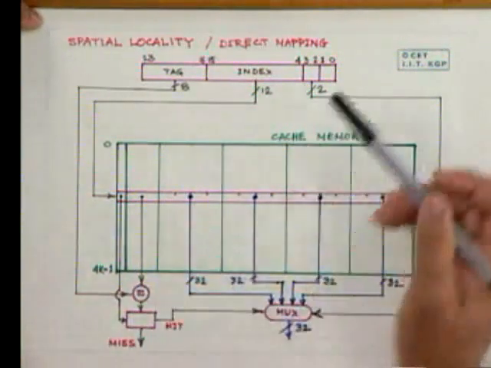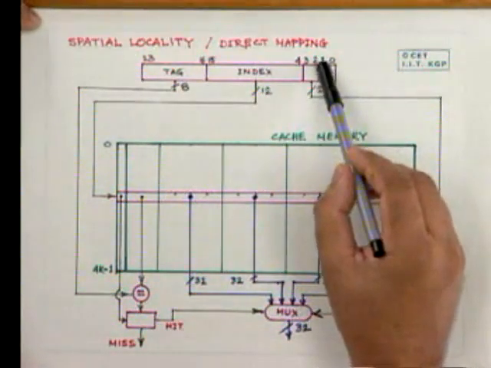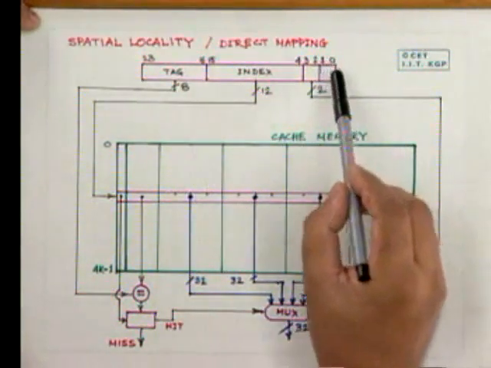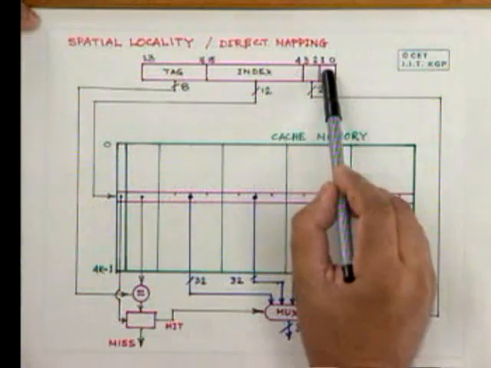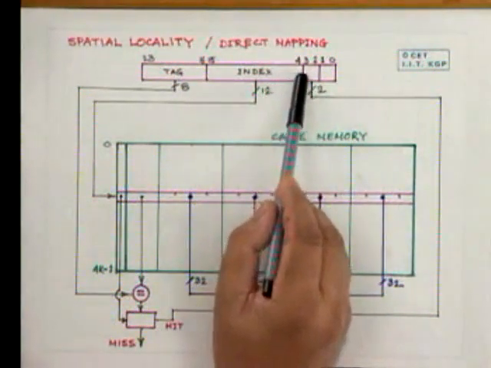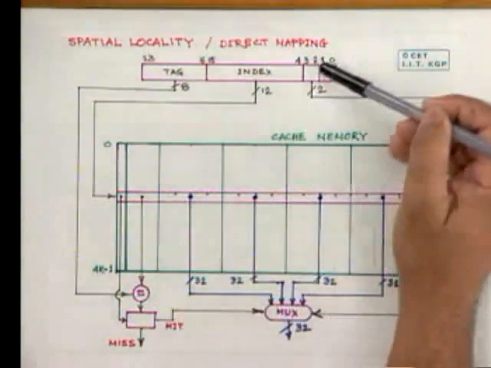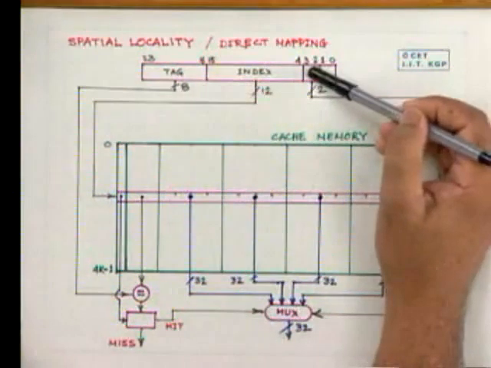Here you see that we are not only talking about a block which consists of 4 bytes, we are talking of a higher block which consists of 4 such blocks.